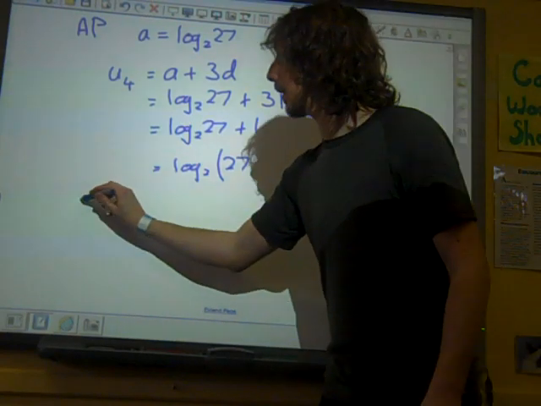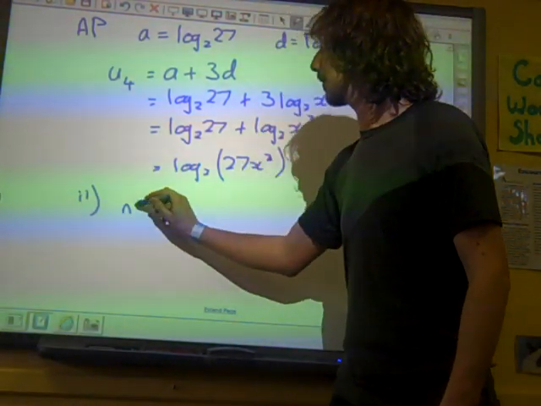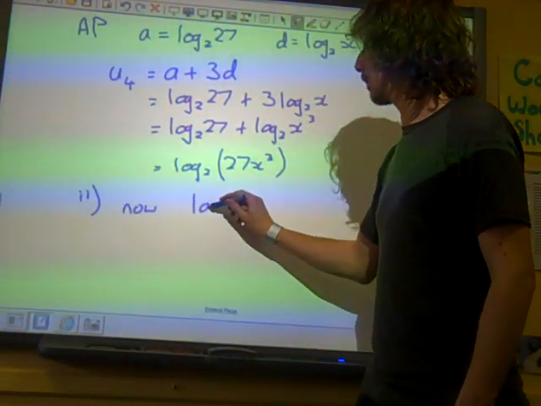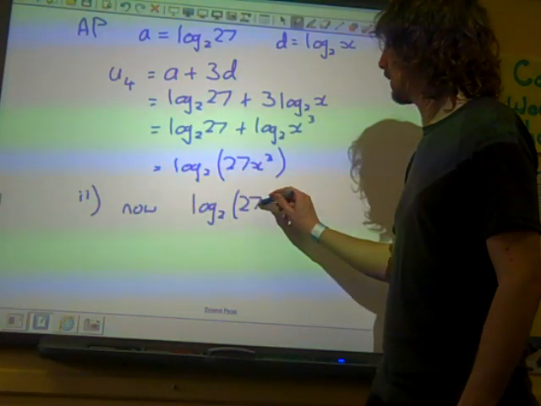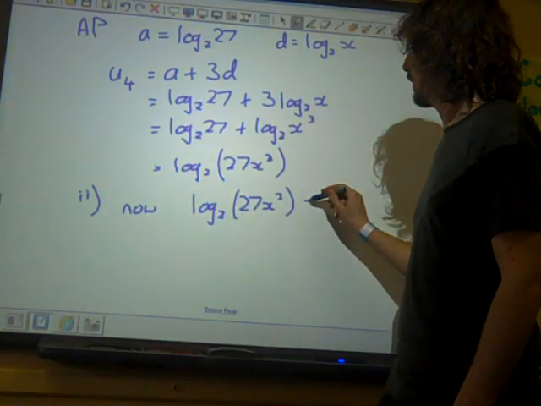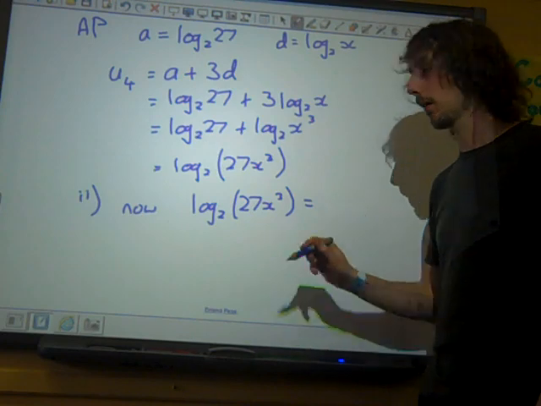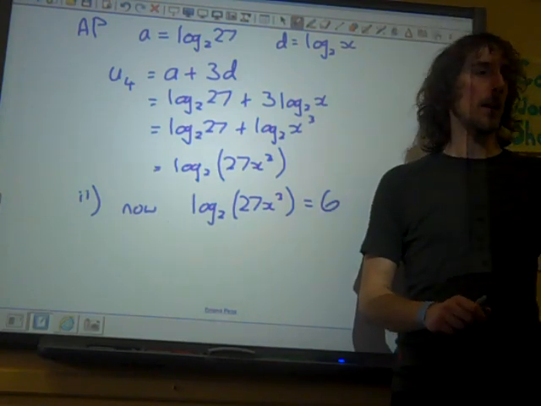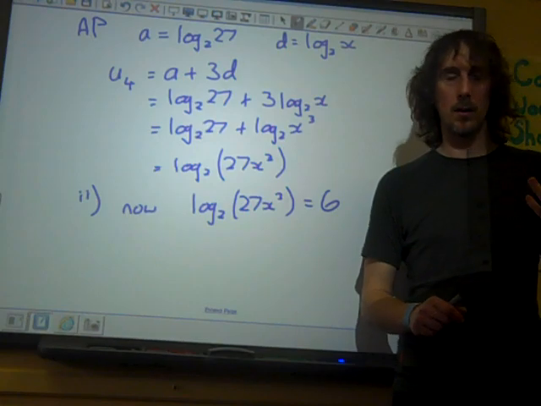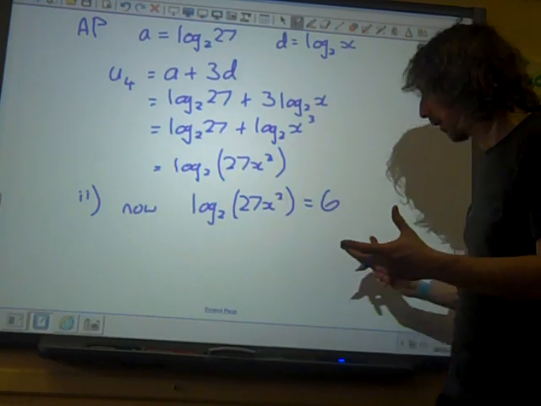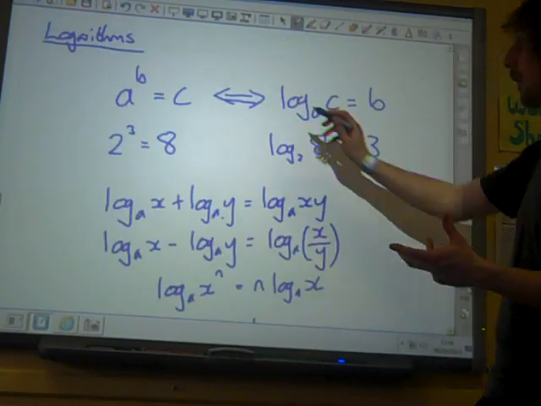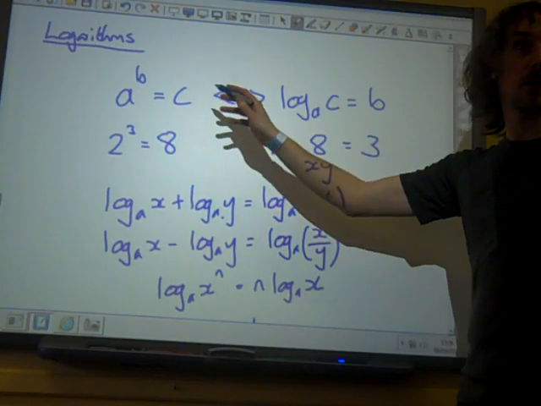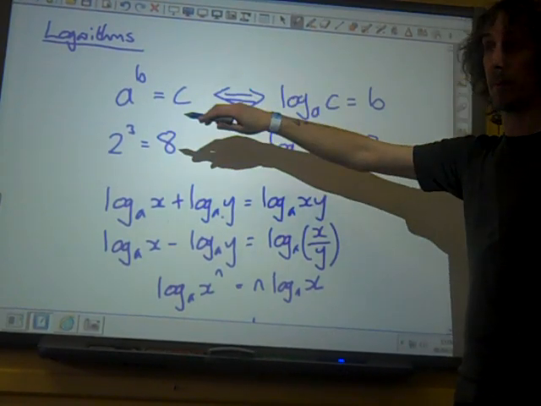We're told in part 2 that log base 2 of 27x cubed is actually equal to 6. Now again, we've learnt how logarithms work. So using the first thing we wrote down here, we can work backwards from this, can't we?